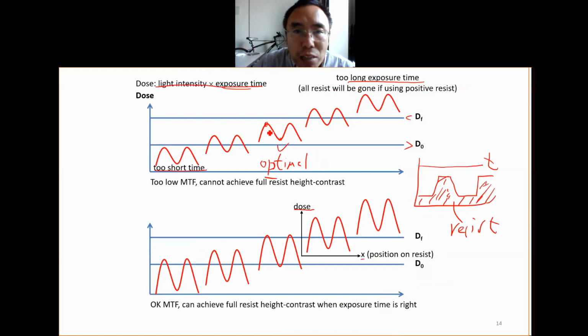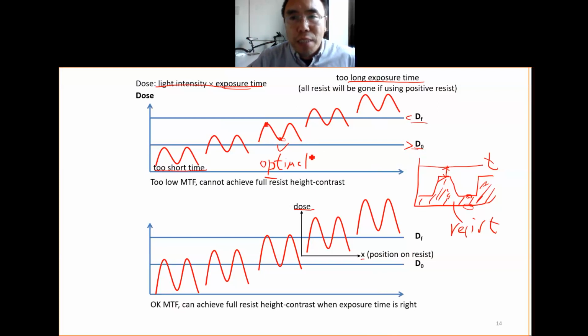The high dose part, because it is less than dF, is not developed to the bottom. The low dose part is higher than D0, so you can see we lost some of the thickness.